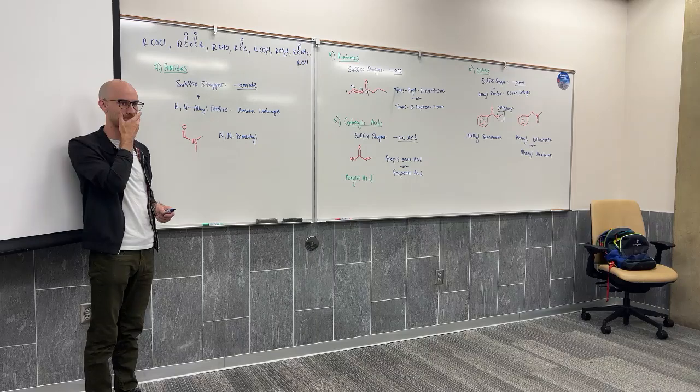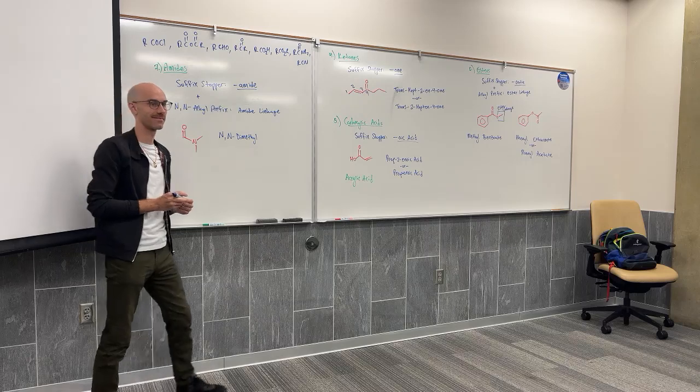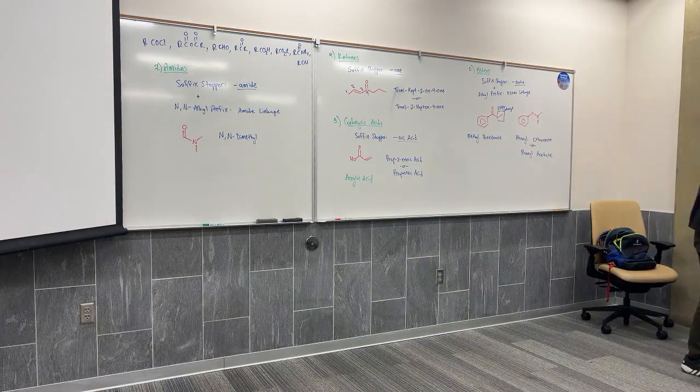So if one was an ethyl, would it just be N, or would it be N-ethyl and methyl? Good question. I don't have the answer for you. So let's do a little bit of digging ourselves and see if we can find a compound that matches that. Well, first of all, what do you think would make the most sense? What would be the best way to clarify that?